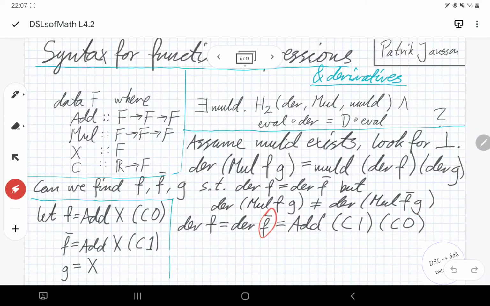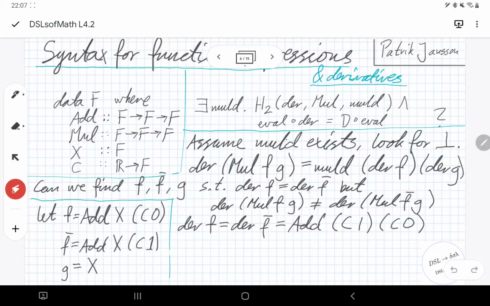So both f bar and f have this as the derivative. You could say that this can be simplified to just const 1, but strictly speaking, the syntax trees don't have a built-in simplification. We could make a derivative function which has built-in simplification, but that's not the case we're trying to prove here. Anyway, computing the syntactic derivative of f and f bar gives exactly the same result: add const 1, const 0.